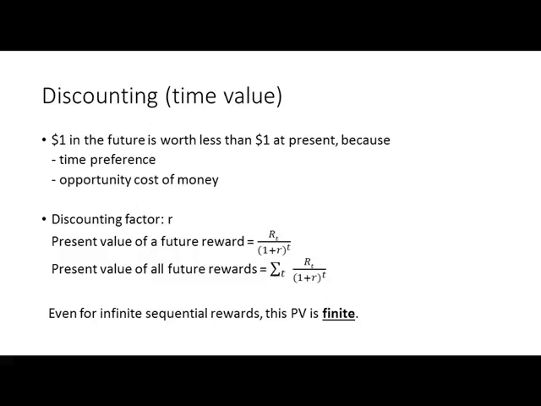So the present value of a future reward is going to be worth less now. And the present value of all future rewards is going to be the sum of all discounted future rewards. This means even for infinite sequential rewards, the total present value of all future sequential rewards is finite, which mathematically makes our life a lot easier, because how can you maximize an infinite number, right? But we can maximize a finite number.